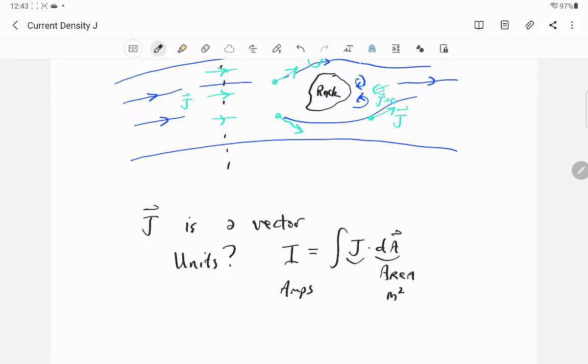So that means that J times meters squared is amps. So it must be that J could have units of amps per meter squared as its SI unit. So the current density is a current per area.